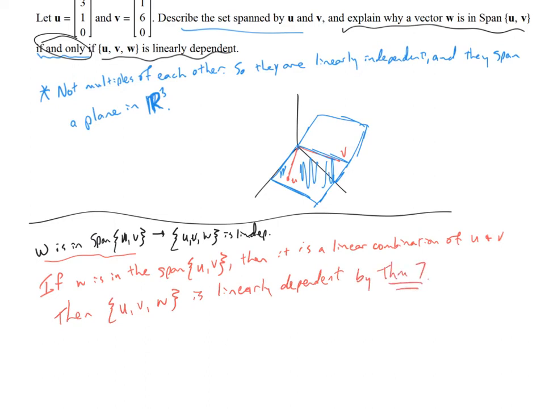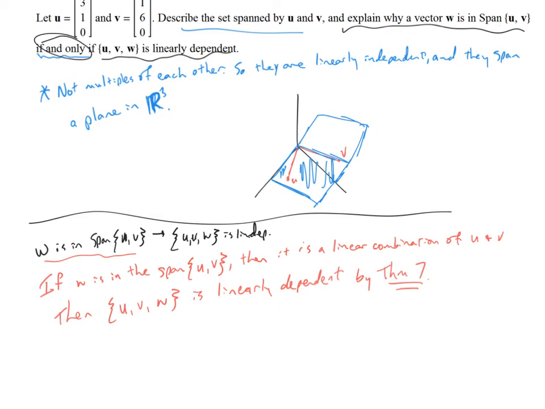That was the theorem from the last slide that said that a set of two or more vectors is linearly dependent if and only if at least one is a linear combination of the others. And that's what we have: w is a linear combination of u and v. So we have exactly what is described in Theorem 7.